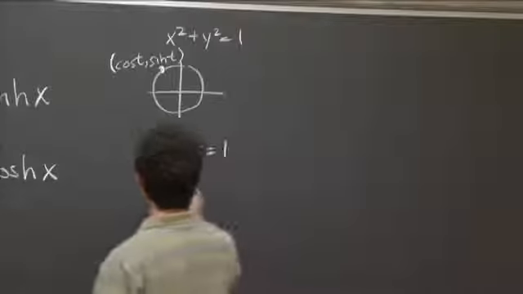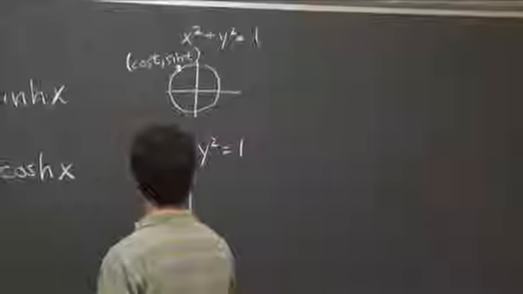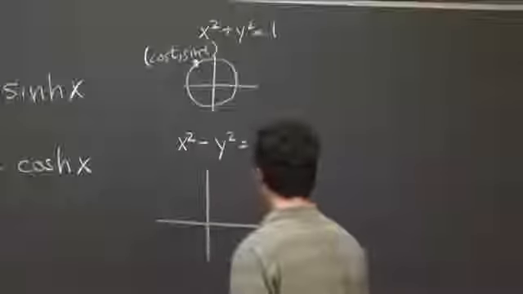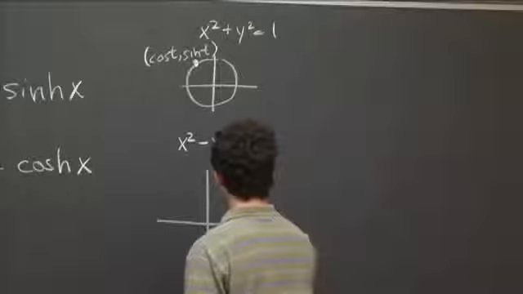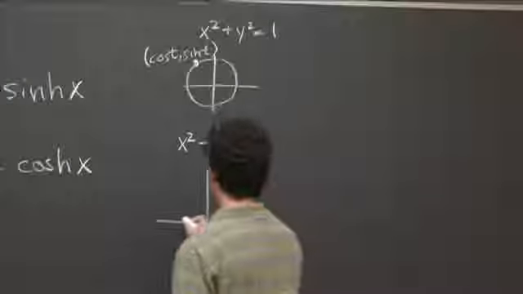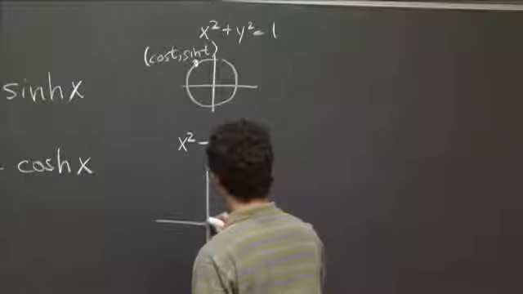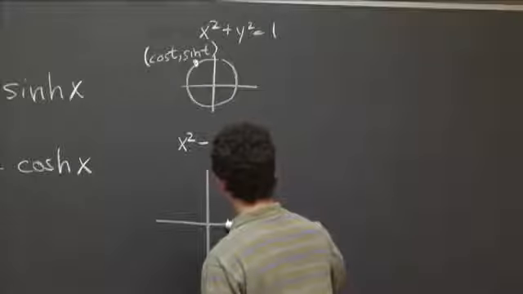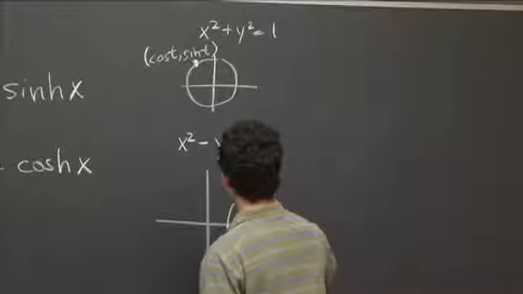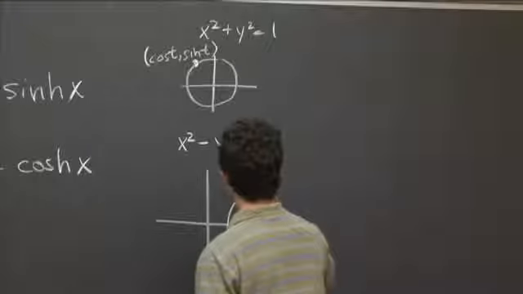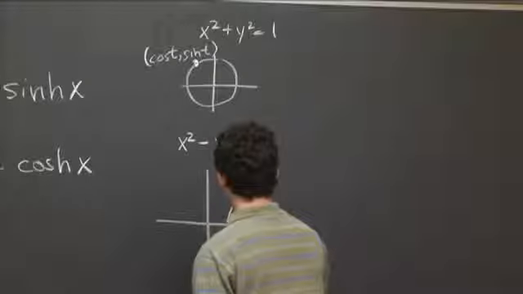So if you graph this equation, what you'll see is that it passes through the point 1, 0, and then we've got one branch here. It's got a little asymptote there.